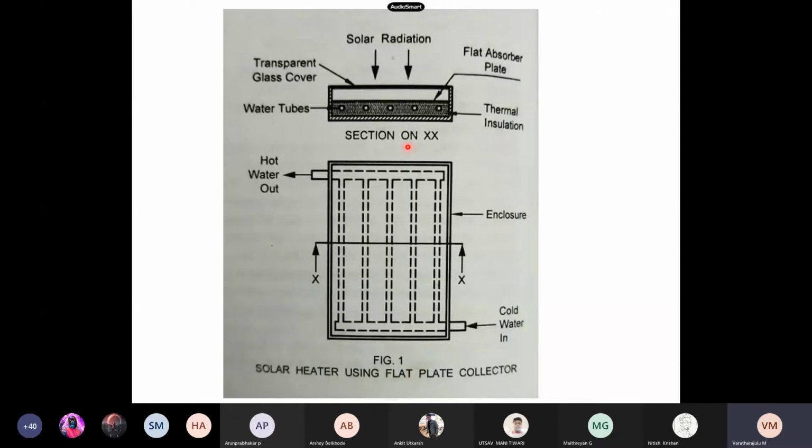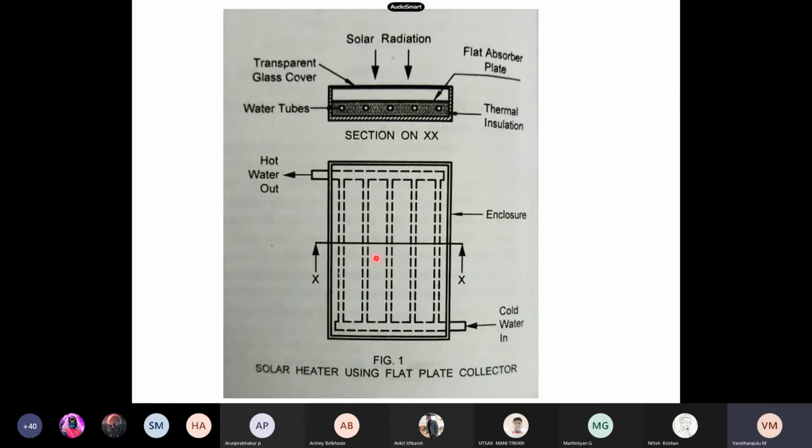Thermal insulation is provided around the tubes to prevent heat loss. The insulation material would be glass wool, and therefore, due to conduction and convection, we get the hot water from the outlet.